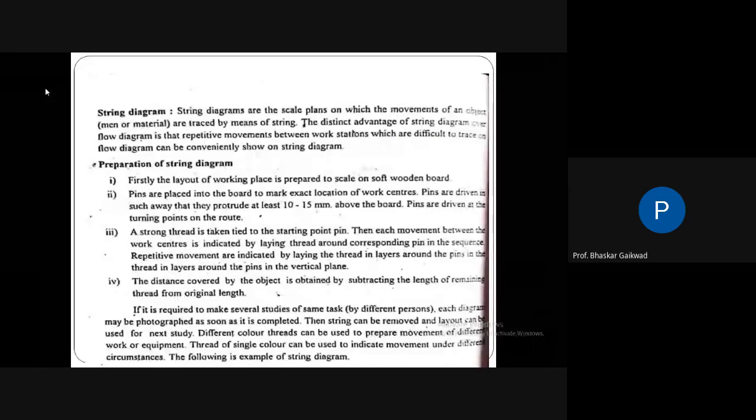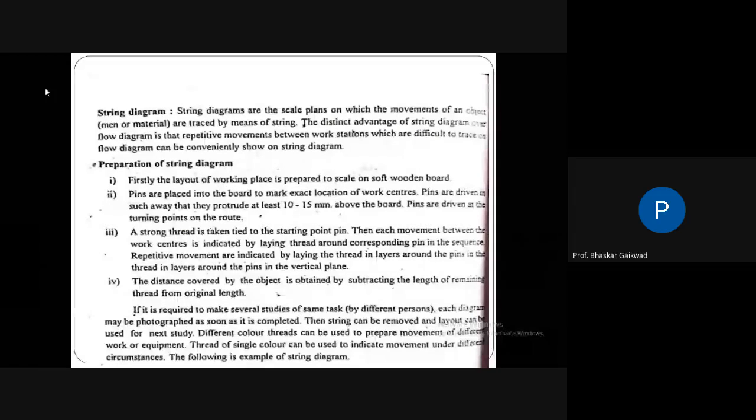So this is the difference between flow diagrams and string diagrams. If repetitive movements between workstations are there, then we cannot use a flow diagram, we can use a string diagram.